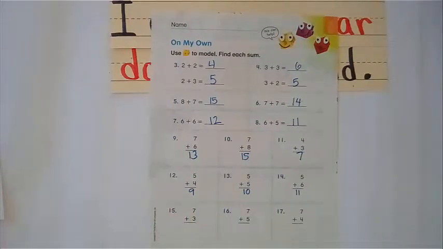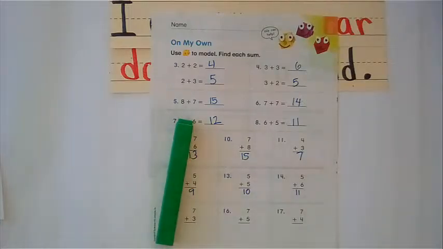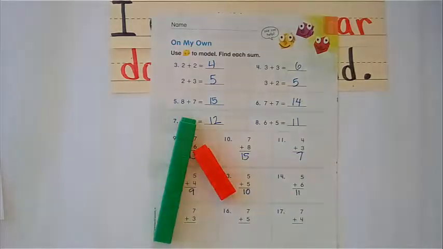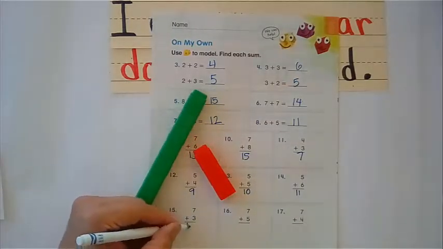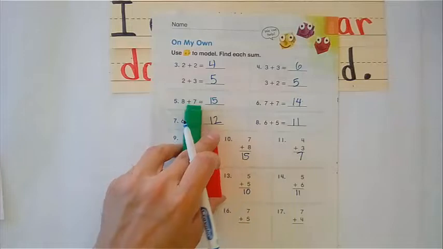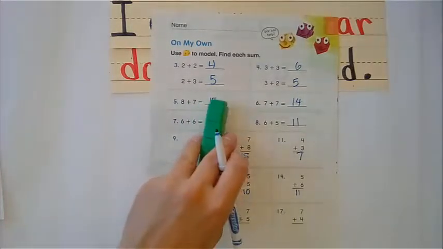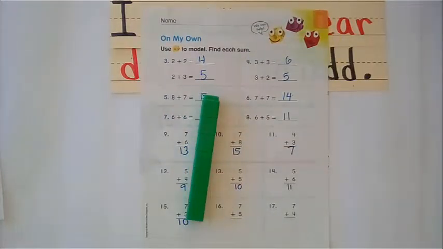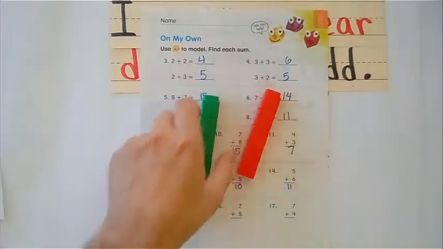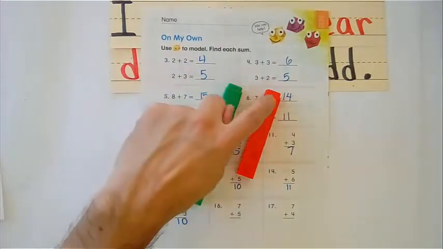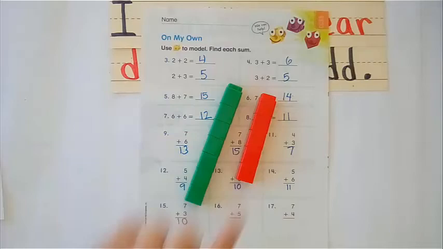All right. So now, what about this one? What if I have 7 and 3? So I go 7, 8, 9, 10. So I'm going to have 10. Very good. Or I could have 7 and 5. Oh, so let's see. 7, 8, 9, 10, 11, 12.